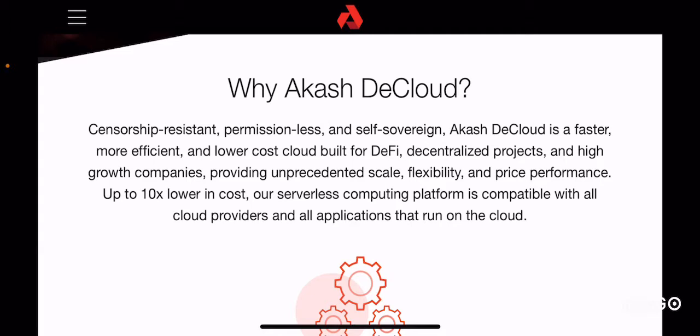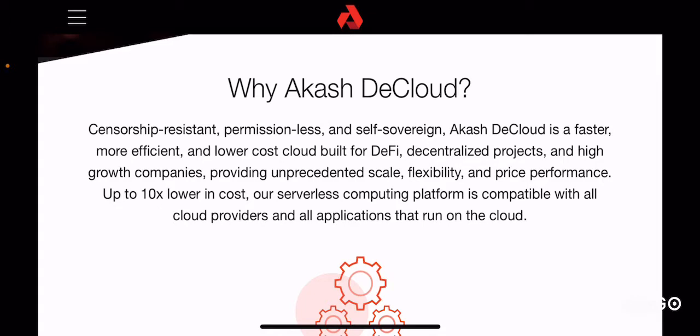Why Akash D-Cloud? Censorship resistant, permissionless, and self-sovereign. Akash D-Cloud is a faster, more efficient, and lower cost cloud built for DeFi, decentralized projects, and high growth companies, providing unprecedented scale, flexibility, and price performance, right? So if you want to use a D-Cloud solution, why do you want to choose Akash?